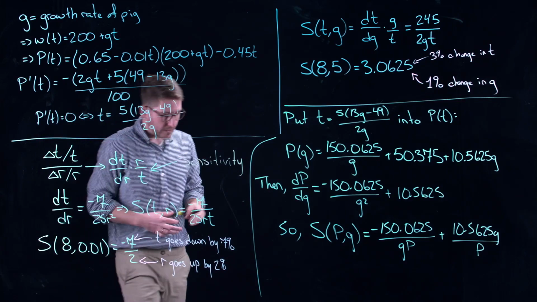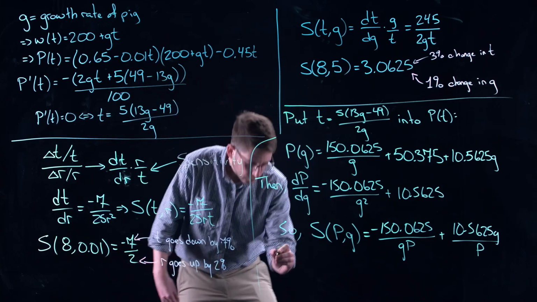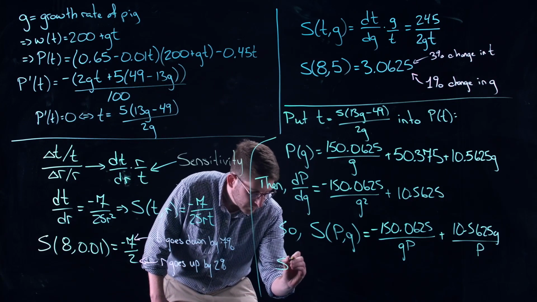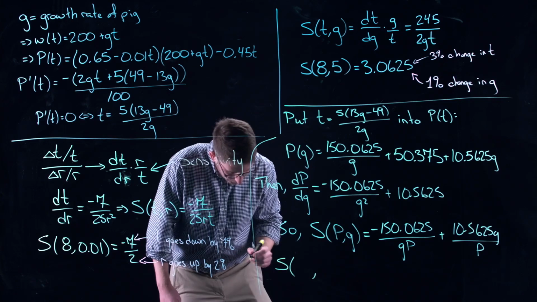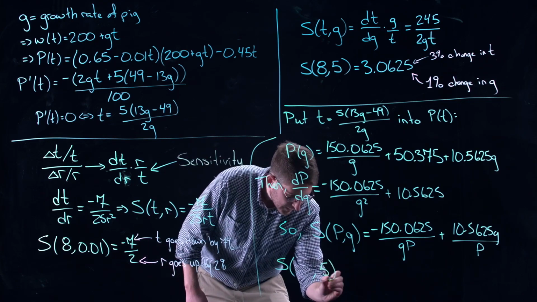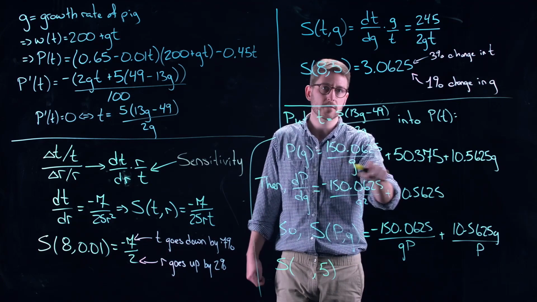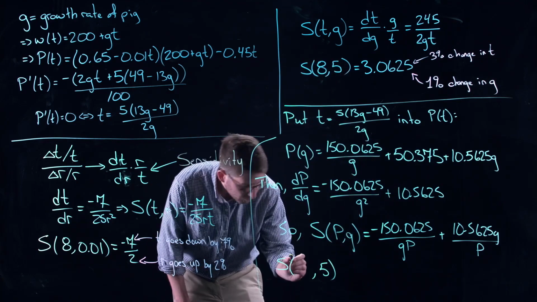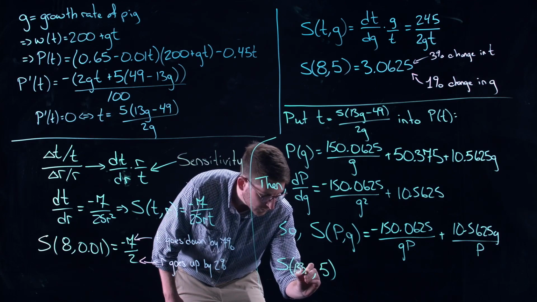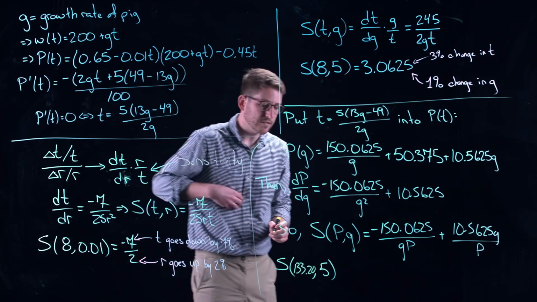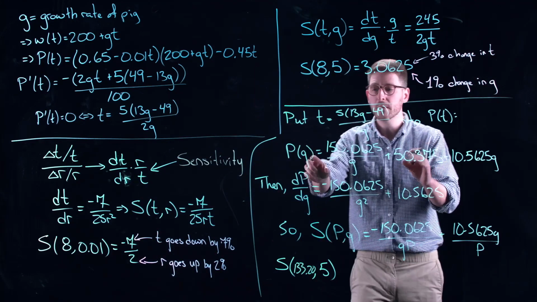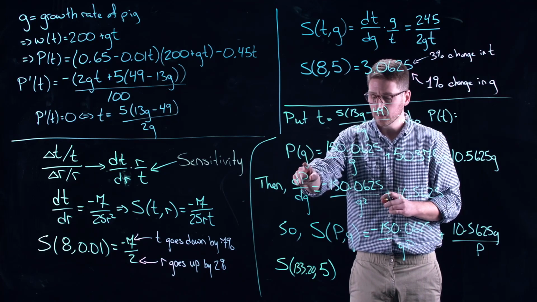And now I can actually plug in. When my growth rate was 5 pounds per day, my profit, I could just put it into this formula, was $133.20. Okay, so that's how much the pig got me. And the way I got that profit is P of 5.